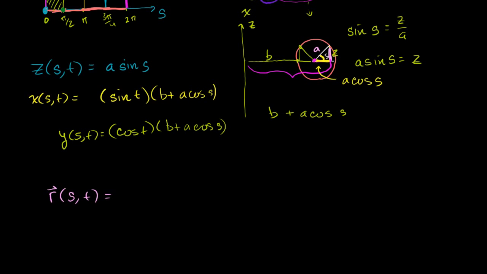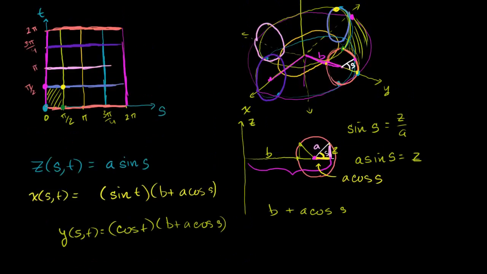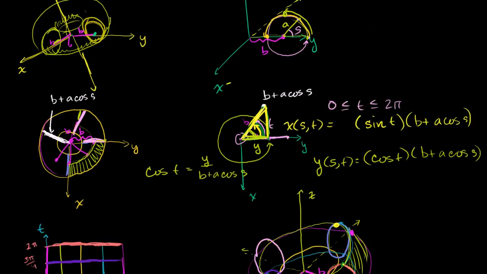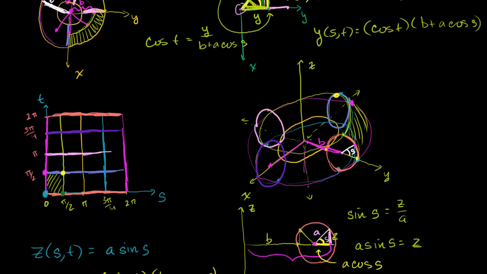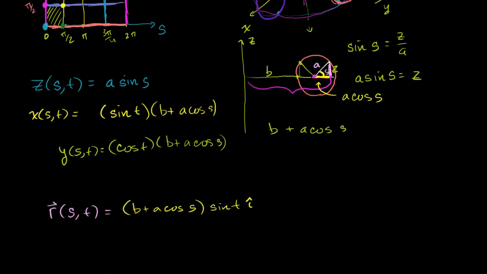I'll do this part first: b plus a cosine of s times sine of t, and that's going to go in the x direction. So we'll say that's times i. And remember, the way I defined it, the positive x direction is going to be here. So the i unit vector will look like that, going in that direction, the way I've defined things.